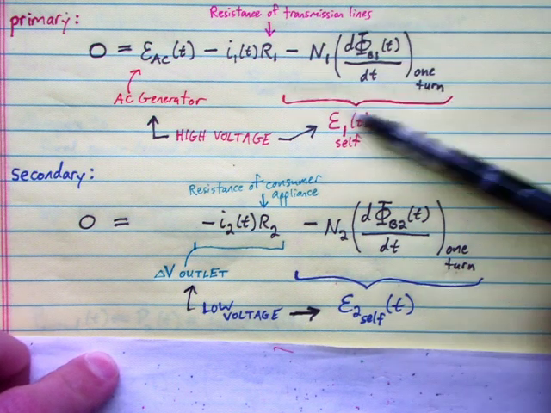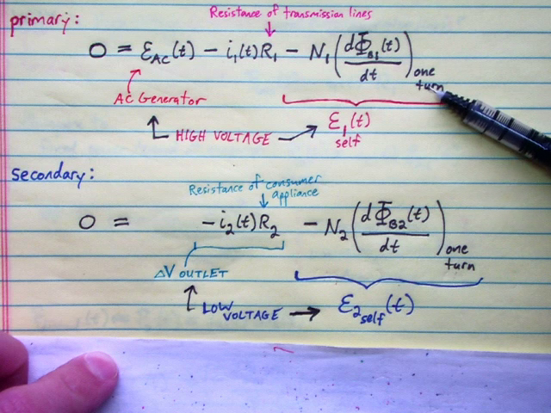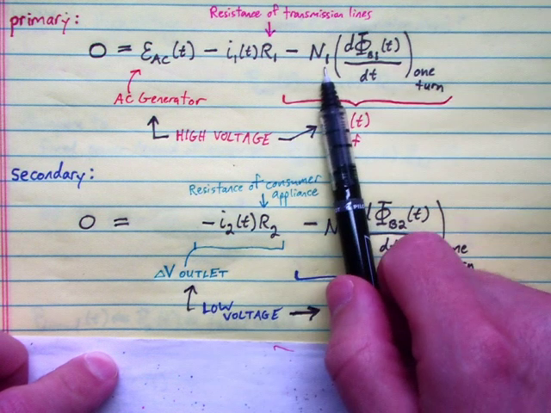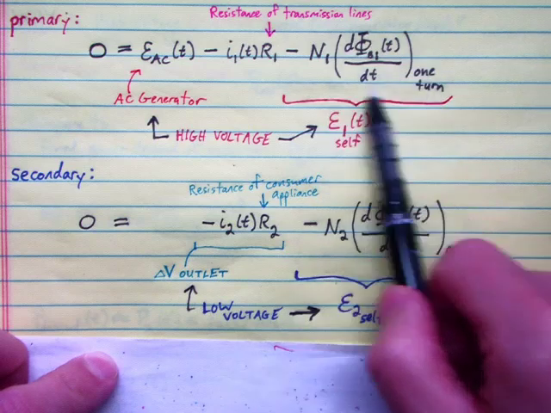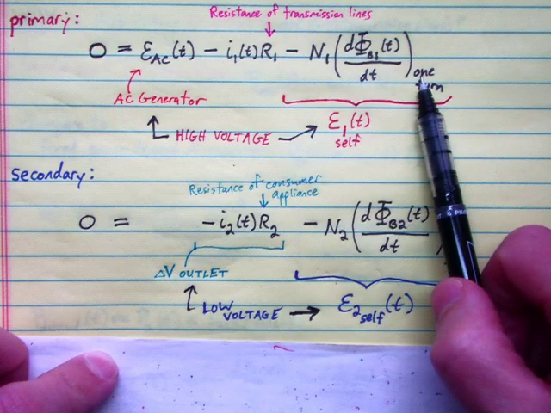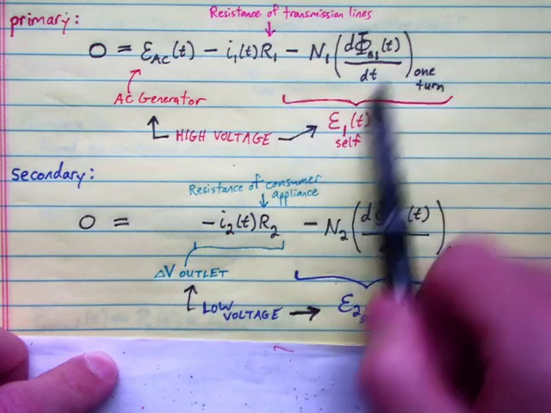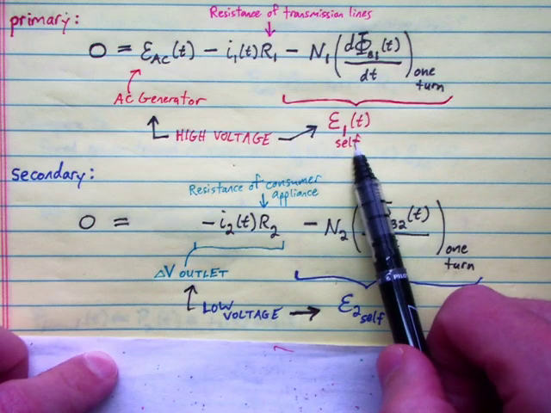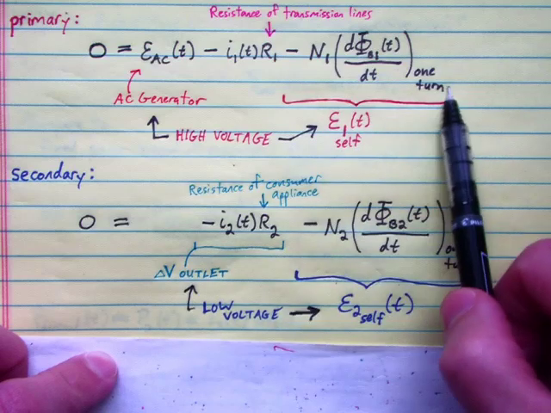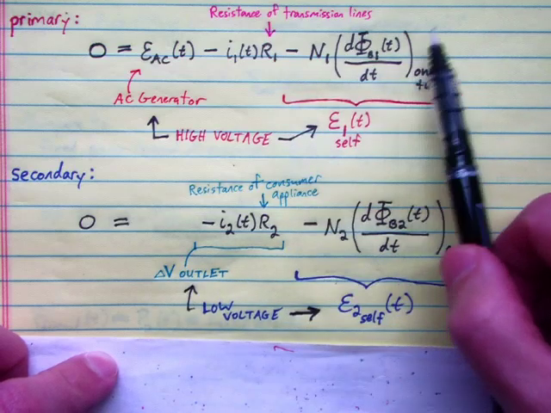The rate of change of magnetic flux through that coil can be represented as the number of turns in that coil, N1, times the rate of change of magnetic flux through one turn in that coil. And this combination we call the self-induced EMF from that half of the transformer, the back EMF from that half.